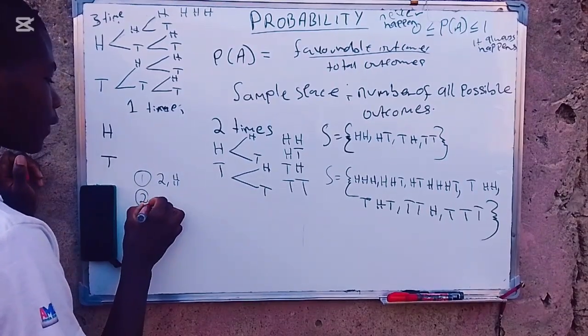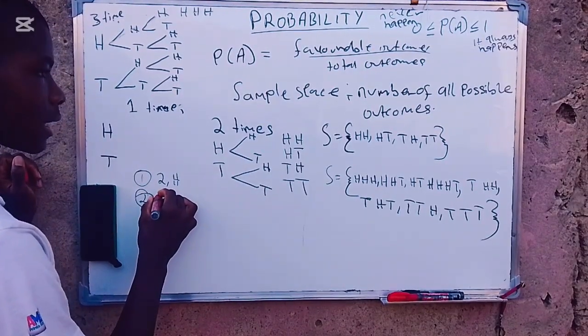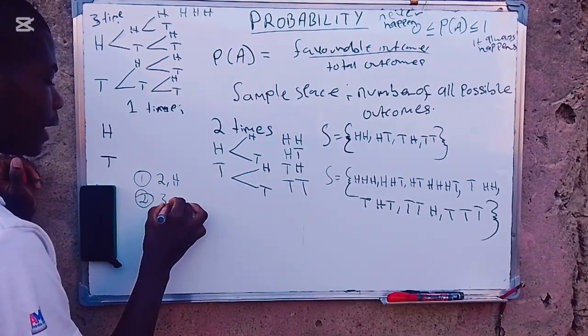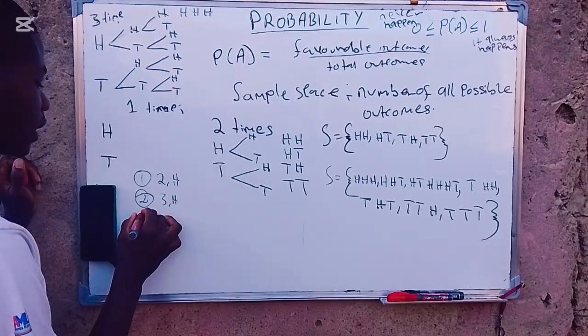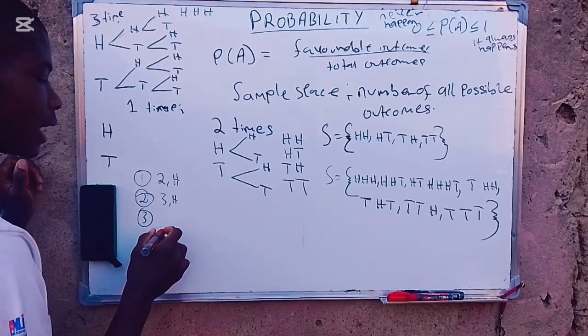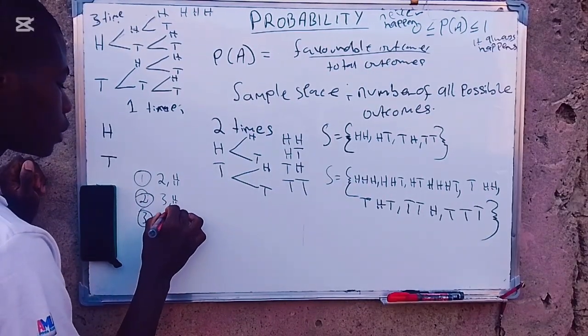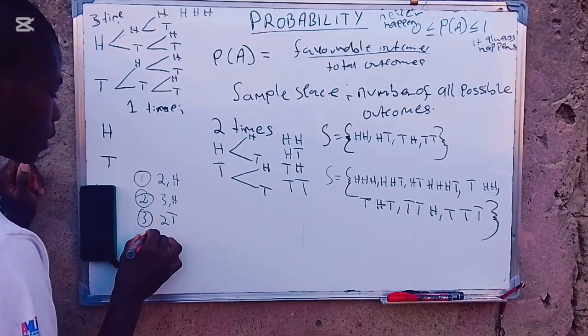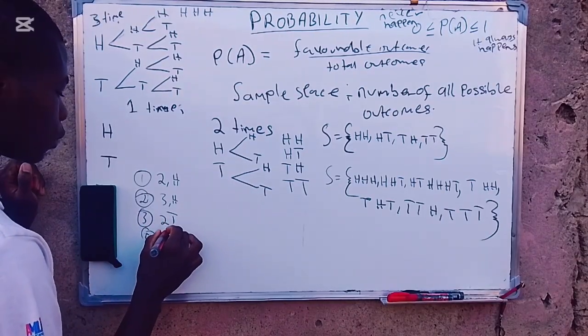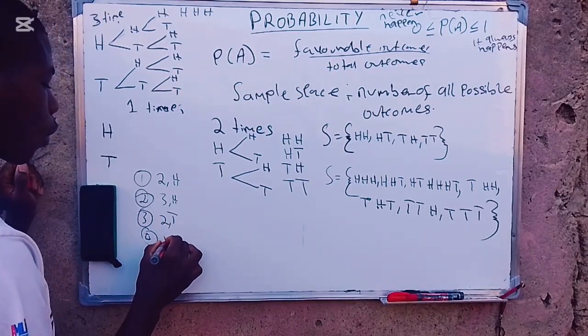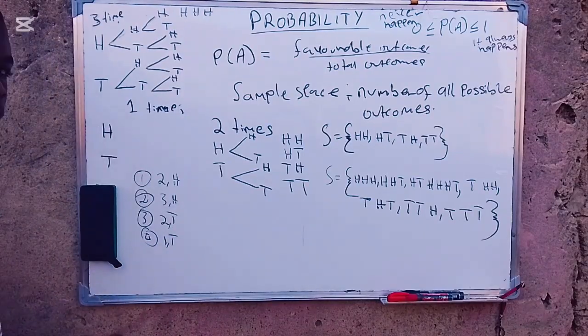Question 2: what is the probability of getting at least 3 heads? Question 3: what is the probability of getting at least 2 tails? And number 4: at least getting 1 tail. So, what is the probability of that?